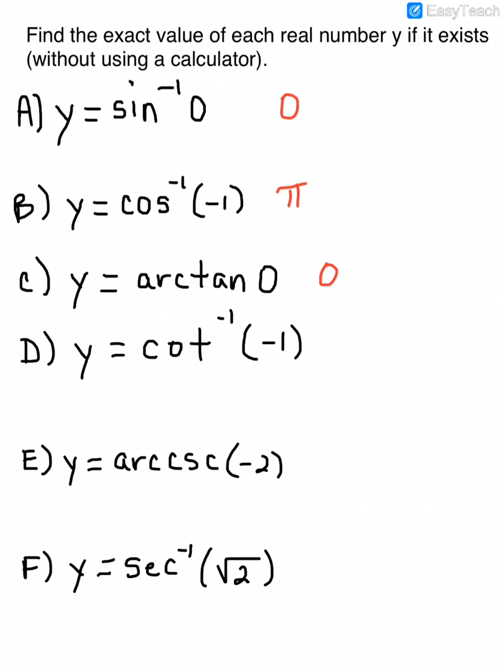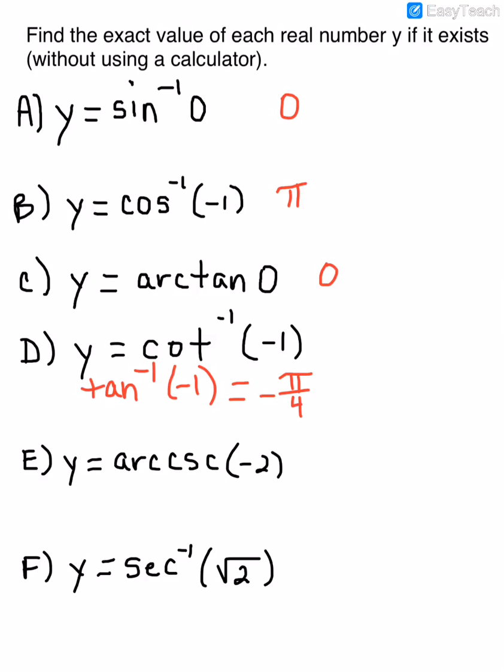The cotangent inverse of -1 would be the same thing as tangent inverse of -1. Again, if we take the reciprocal of -1, we still get -1.